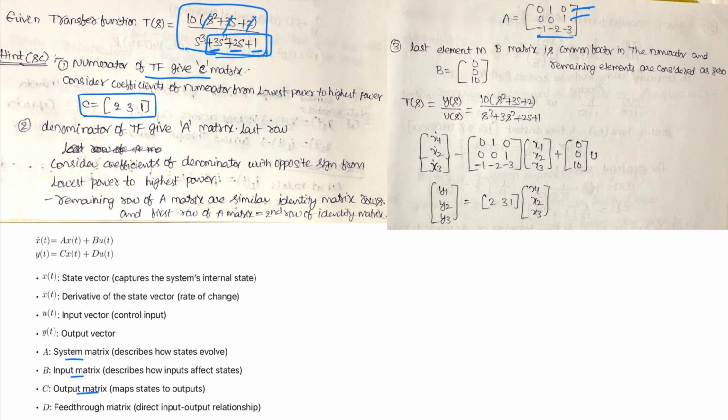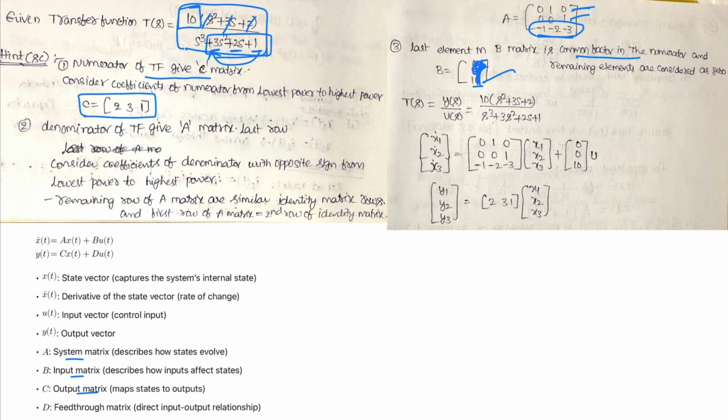The last row of the system matrix is the elements of the denominator from lowest power to highest power with opposite sign, and the input matrix is the common factor in the numerator. Here the common factor in the numerator is 10, so it is 0 0 10, and the remaining elements are zeros.